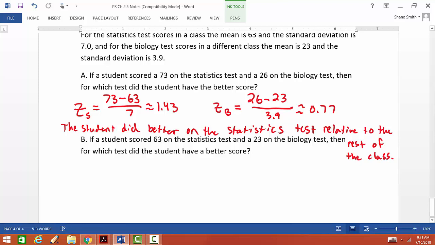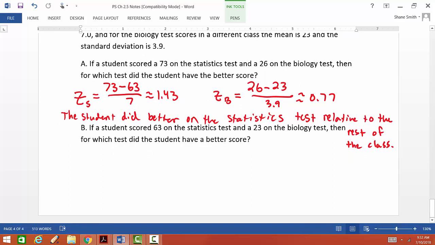Because once again, at face value, 73 could be 100%, I don't know. Or on the biology test, 26 could be 100%. But if everybody else did better on it, then the biology test might actually be the harder test. So this takes into account how everybody else did and what their scores are.